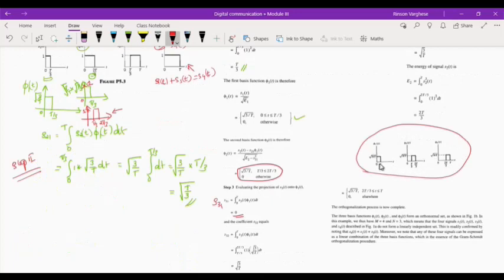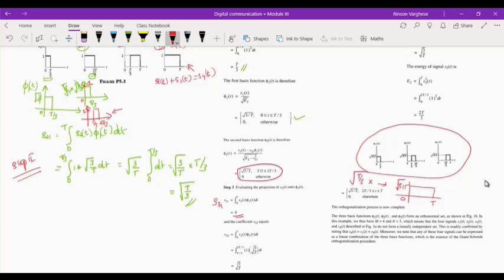This is from 0 to T by 3, this is from T by 3 to 2T by 3, and this is from 2T by 3 to T. If we simply add them together, you will get a function which extends from 0 to T, with an amplitude root 3 by T. Here S4 has an amplitude 1. So to make this amplitude 1, you just need to multiply with root T by 3.